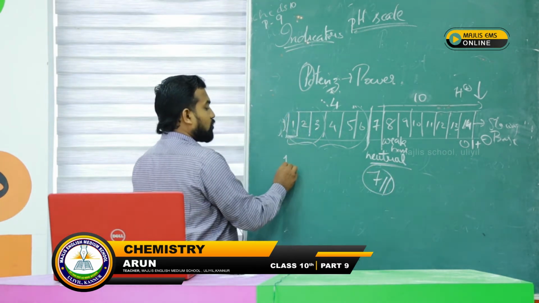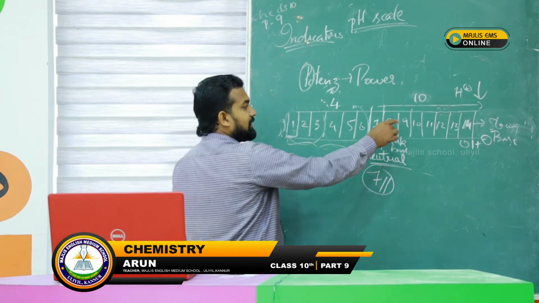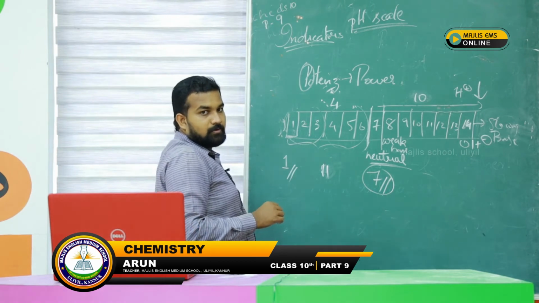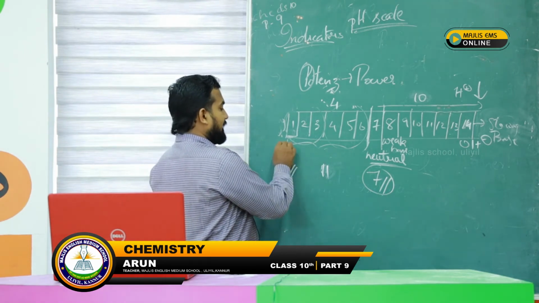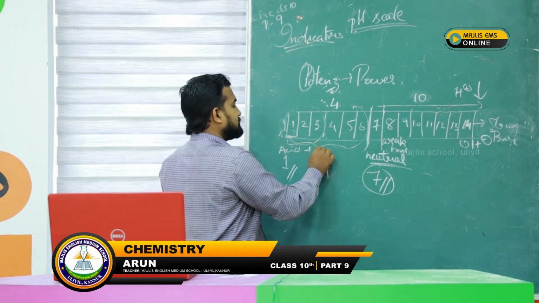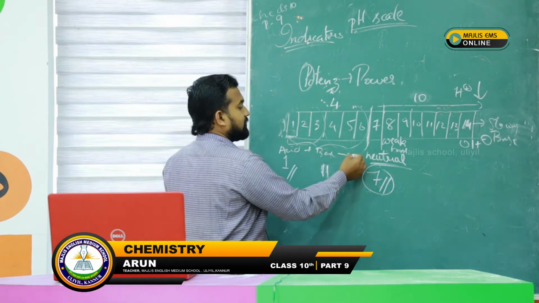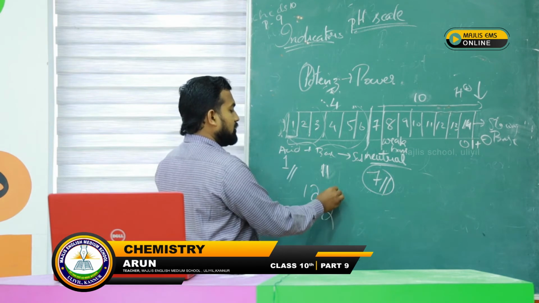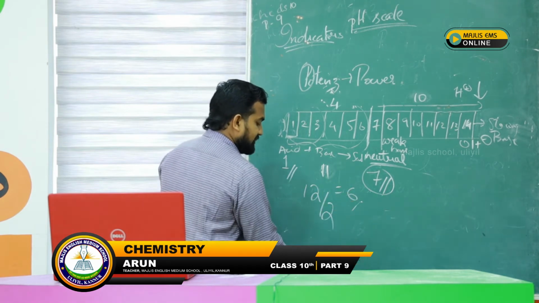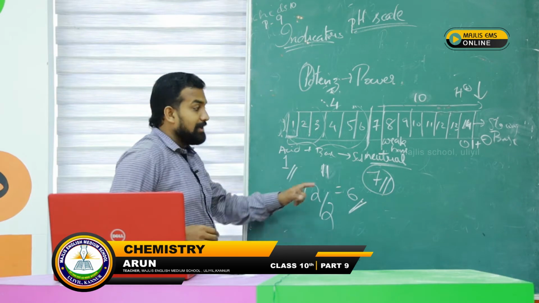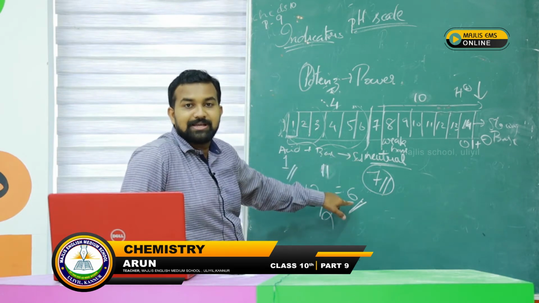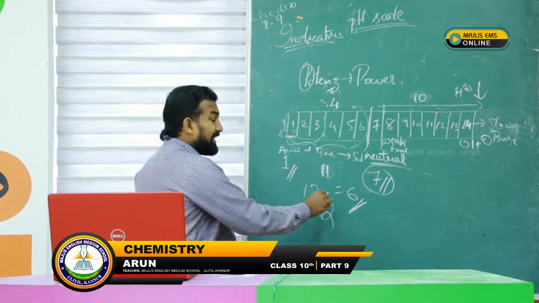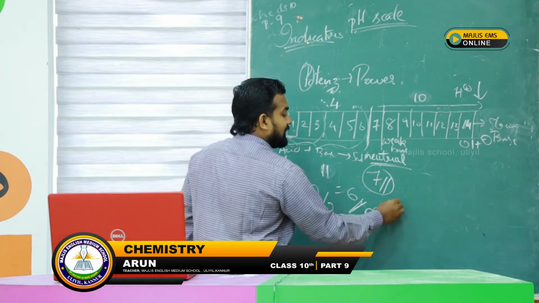But if we take a strong acid 1 and a weak base 11, what will happen? Acid plus base, what will we get? We will get salt. But here 1 plus 11, it is 12 divided by 2, that is equal to 6. Then it is not neutral. This 6 is not neutral. Then what will we call this salt? It is a mild acidic salt.